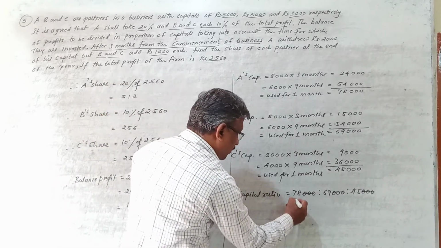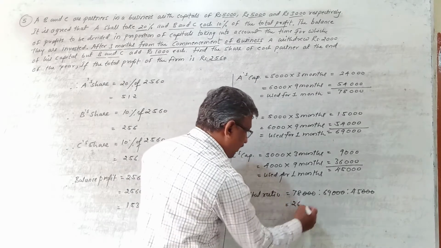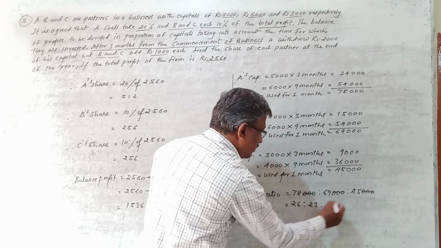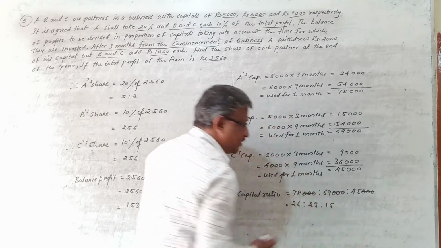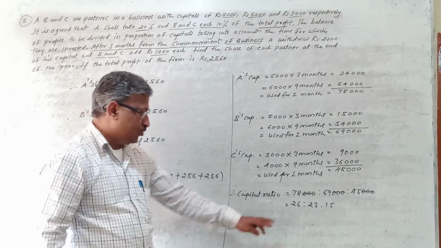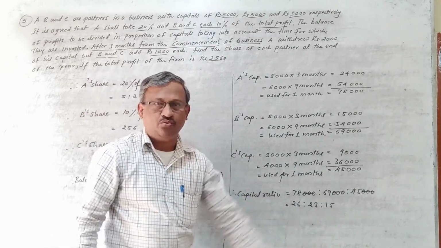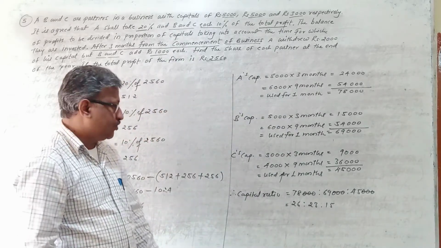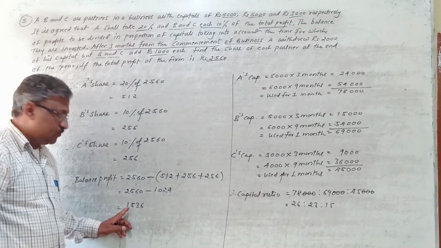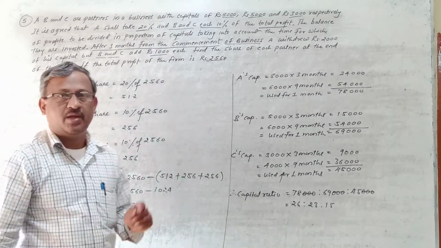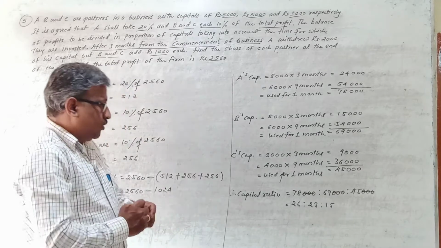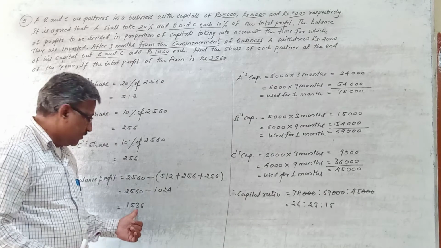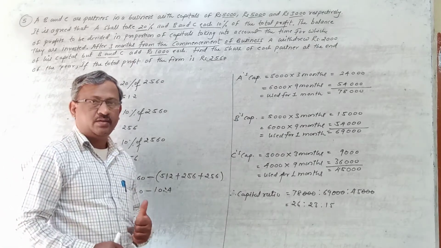Divide by 3: 3 2s are 6, 3 6s are 18, then 3 2s are 6, 3 3s are 9, and 3 1s are 3, 3 5s are 15. So the ratio comes to 26 is to 23 is to 15, right? Now in this ratio we have to distribute the remaining profit of 1,536 rupees to A, B and C. So now let's distribute this remaining profit of 1,536 rupees to A, B and C.